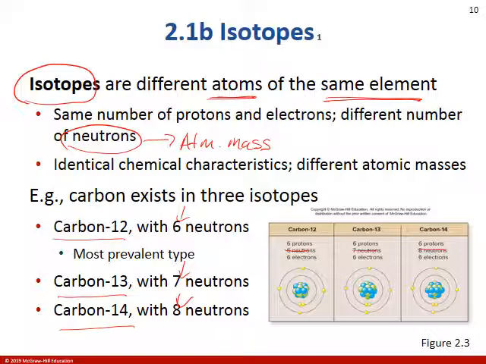And this has to do with cosmic radiation. It's probably more than I want to get into, but there are times that neutrons can be excited and they can bombard elements and they can cause changes in elements. And that's kind of how we get carbon-14. This is also how they do carbon-14 radio dating, right?